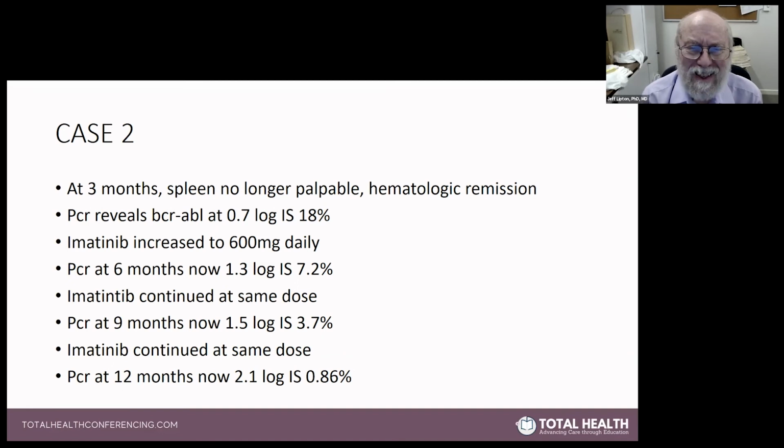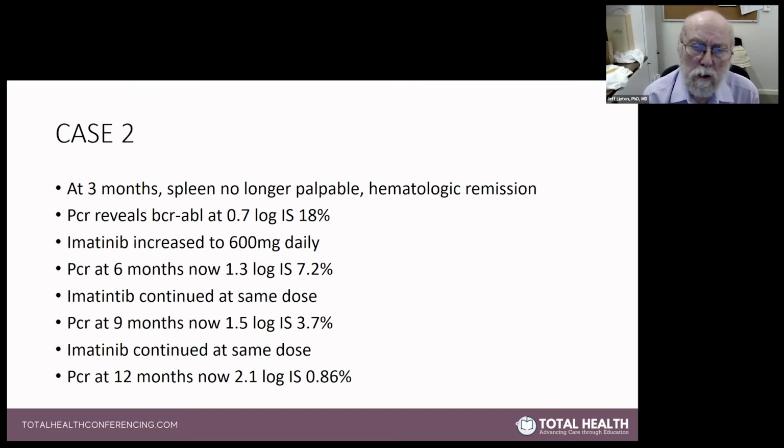So he had less than an ideal percent if you went by the laboratory percentage. In this case, a halving time, because this patient's initial percentage was something like 250% of the laboratory, is actually a reasonably good response. But the imatinib was increased to 600 milligrams because halving time was not standard.